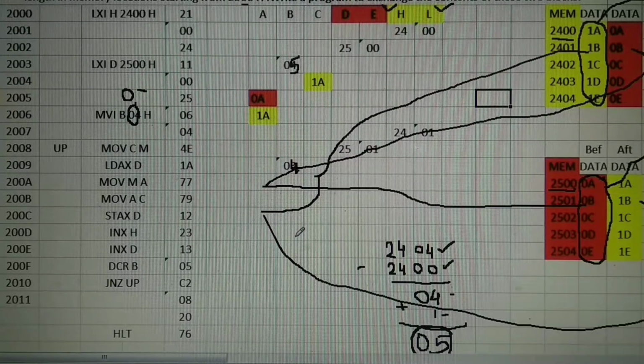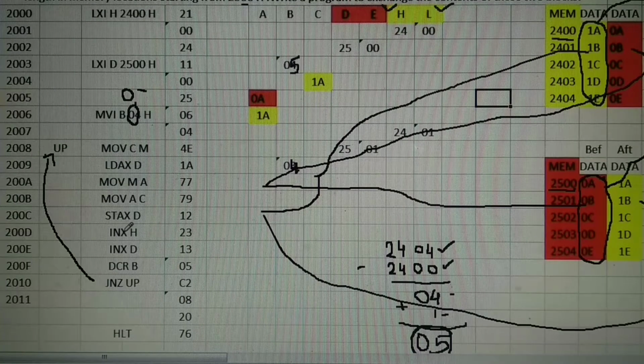This procedure repeatedly takes place: every time the memory location gets incremented, the counter gets decremented, and when the counter becomes 0, the jump instruction does not get executed. The condition is not satisfied.